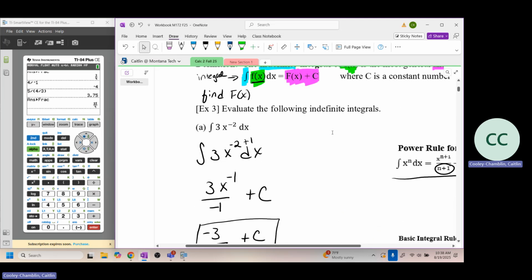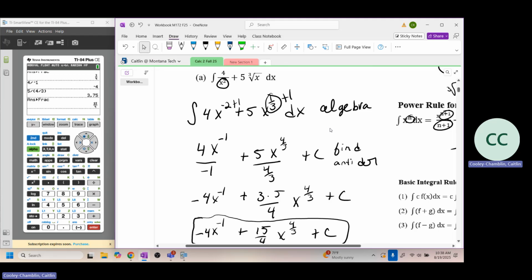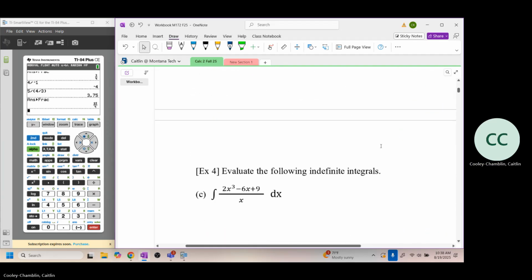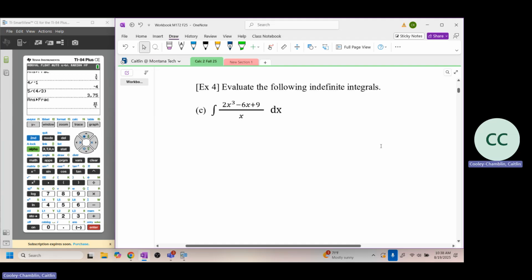So we're undoing Calc 1, which makes me really excited because it's like a little puzzle and we're trying to undo it. You guys might not be very excited about it, but I find it very exciting. All right. So we're going to do this last problem. It's using some algebra.